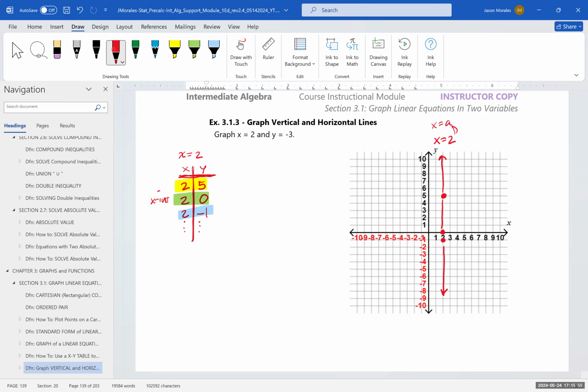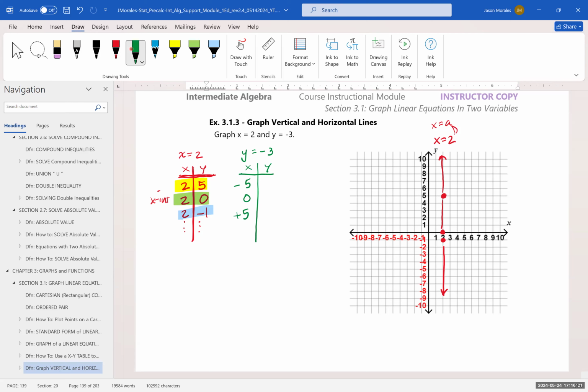Now for this other one, y equals negative 3. Well, let's pick a bunch of x's. Now we have some freedom to pick some x's. So maybe this time we pick negative 5, 0, and maybe positive 5.